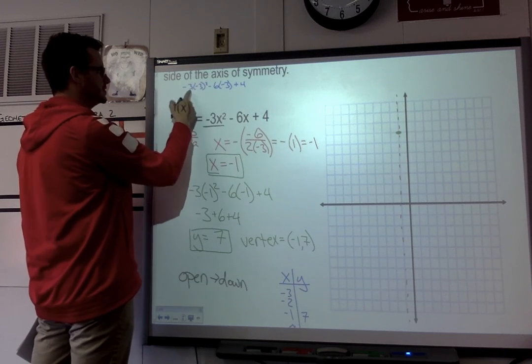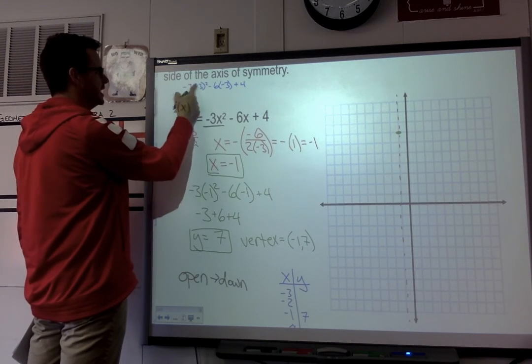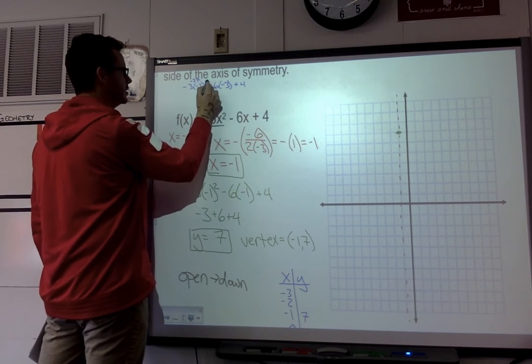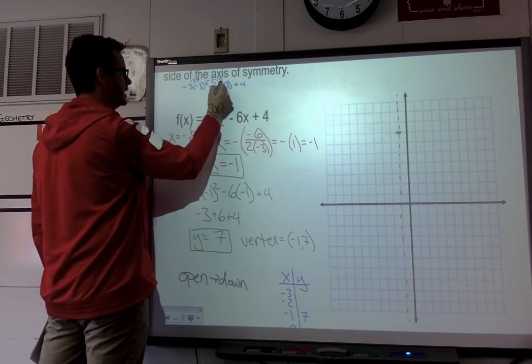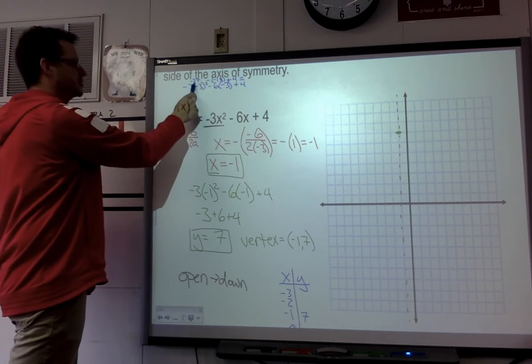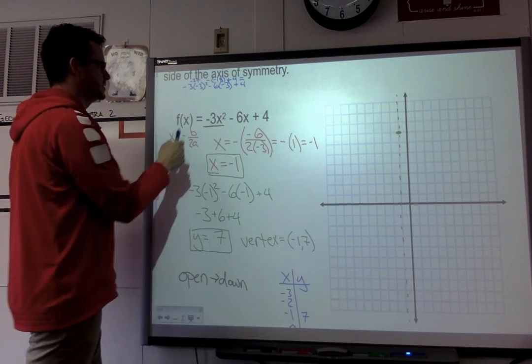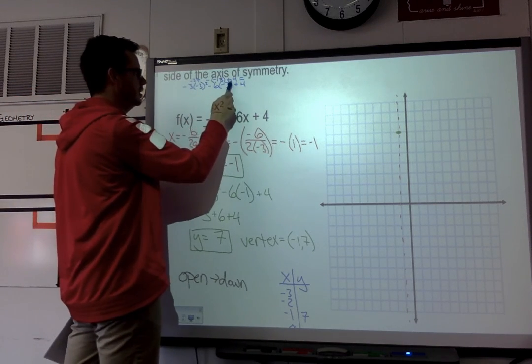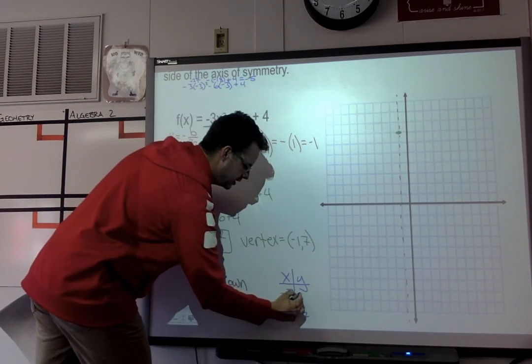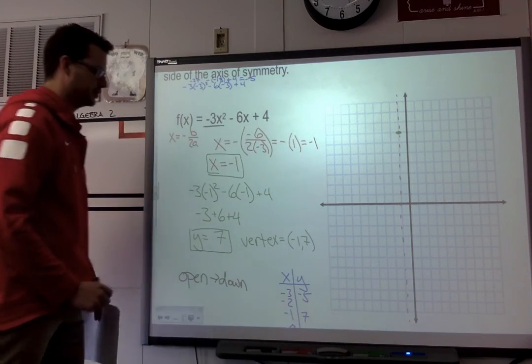So negative 3 squared is 9, so I would have negative 3 times 9, which is negative 27, minus negative 18 plus 4. So negative 27, this would be plus 18, would give me negative 9, plus 4 would give me negative 5. So I'd have a point at negative 3, negative 5.